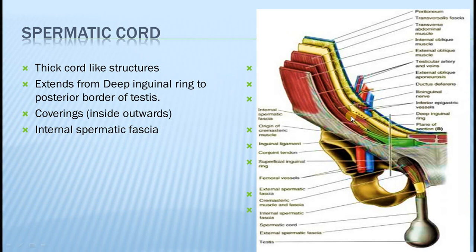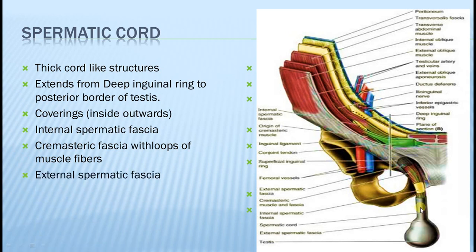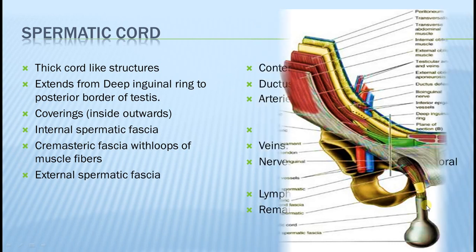The next, from the transversus abdominis and the internal oblique, cremasteric muscle, this detached part of the muscle forms the cremasteric muscle and fascia. Then from external oblique aponeurosis, prolongation from the superficial inguinal ring, this white color is the external spermatic fascia. So: internal spermatic fascia, cremasteric muscle with loops of muscle fibers, and external spermatic fascia.